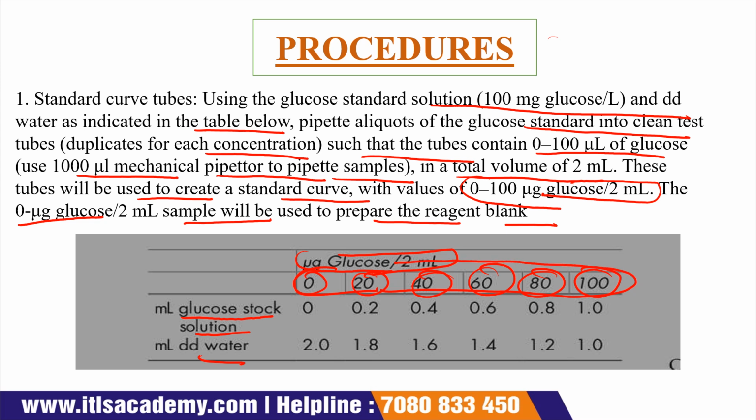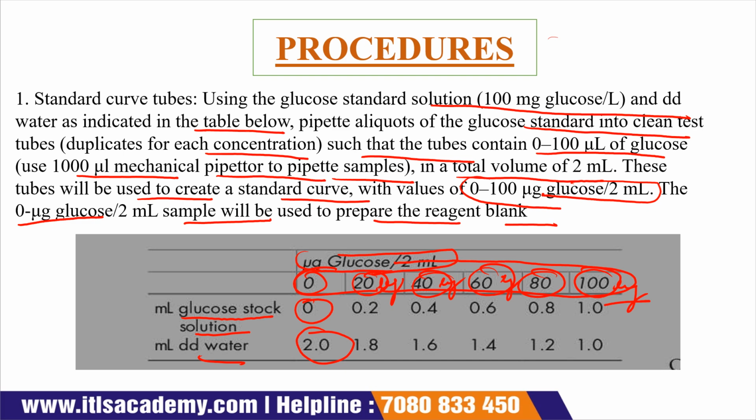So for this we have to prepare 20 microgram of glucose, 40 microgram, 60 microgram, 80 microgram, and 100 microgram. Okay, so when we are taking the first one, in that case we are not going to add a stock solution of glucose. So in that test tube we are going to add 2 ml of deionized distilled water.